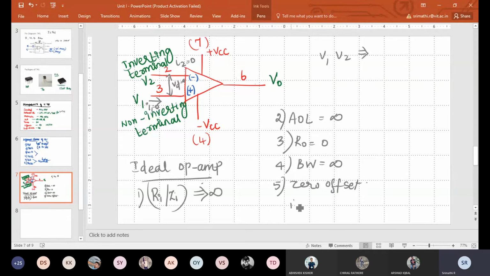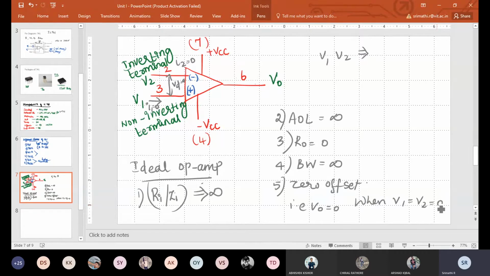That is V0 equal to 0 when V1 equal to V2 equal to 0. That is when V1 and V2 are 0, V0 is also equal to 0.